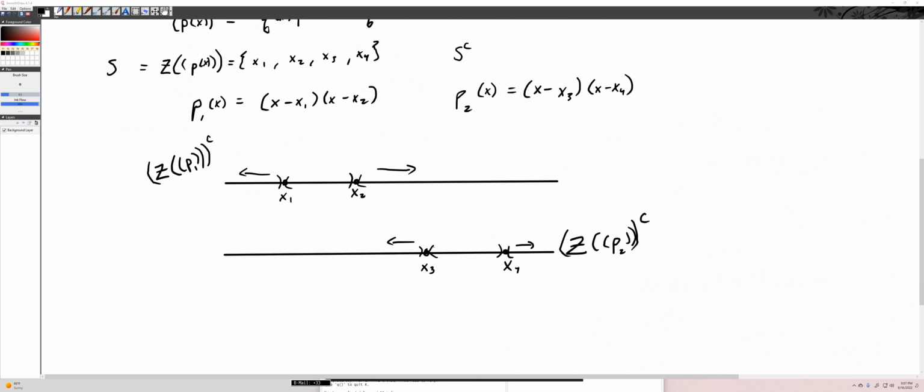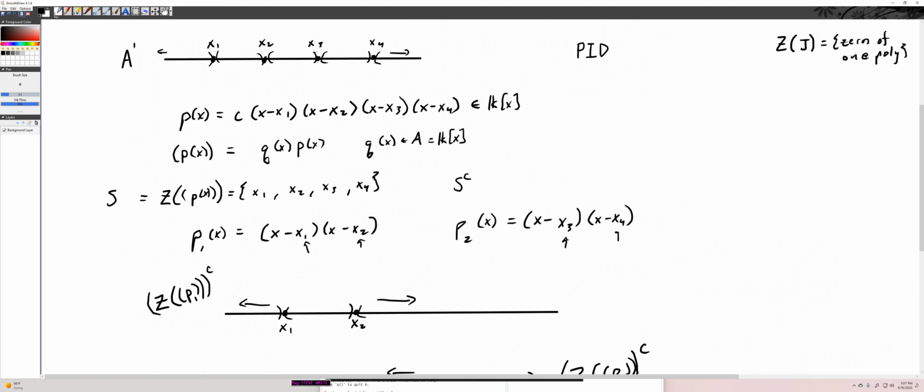This is the Zariski set, or the open set associated to this zero set of P1. Again, I've got a 0 at x1, a 0 at x2, and again down here I've got a 0 at x3 and a 0 at x4, which you can see right here. These are just roots of P2. So this is the complement of the zero set of P2. This is the complement of the zero set of P1.